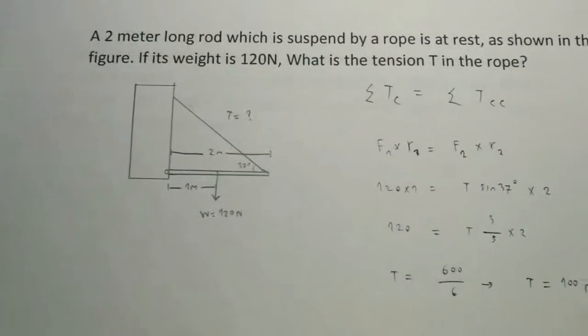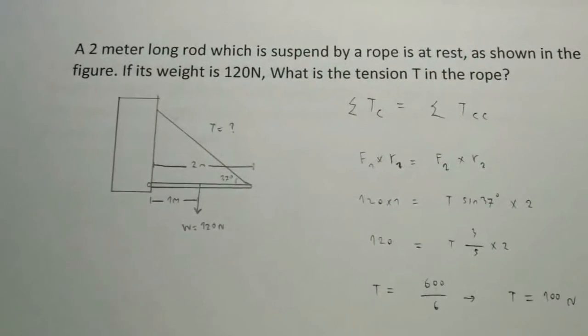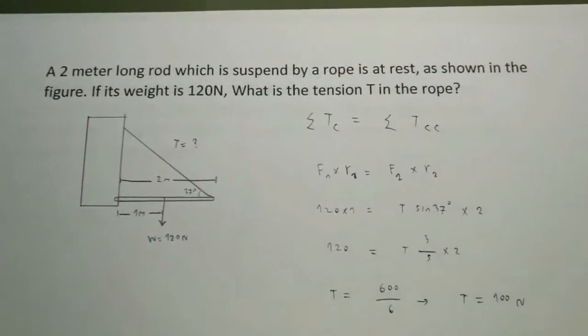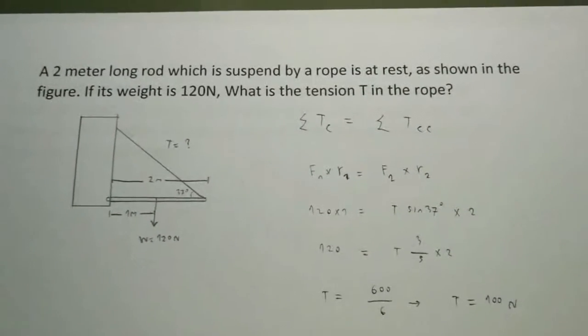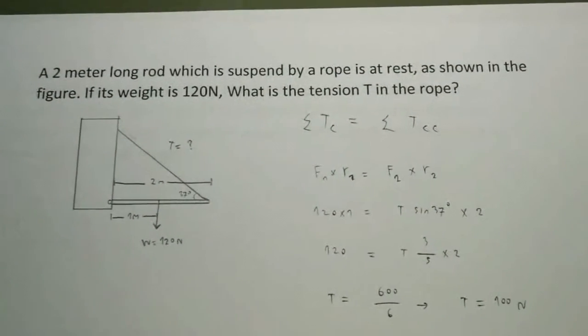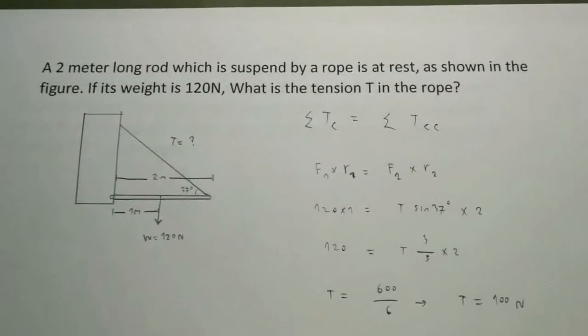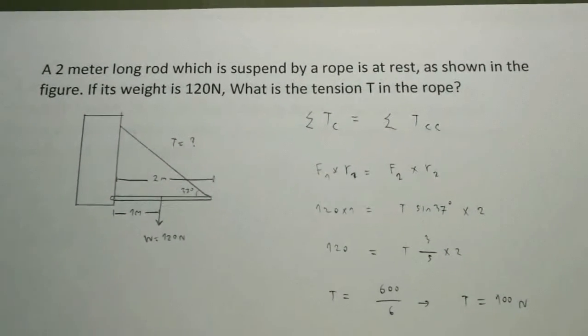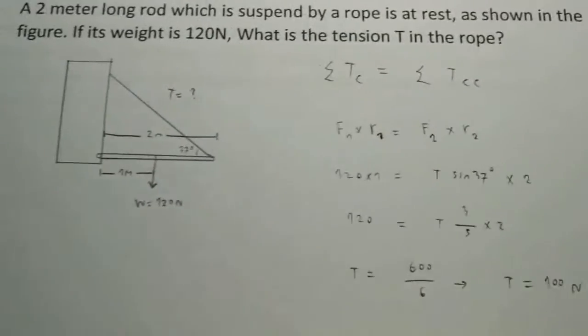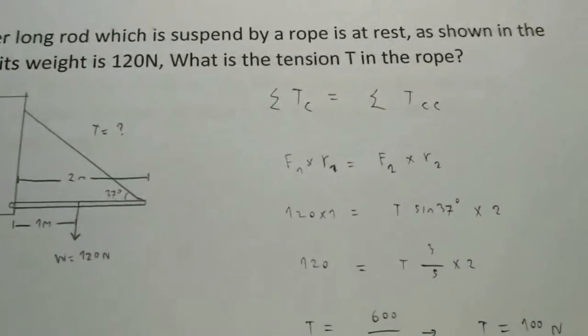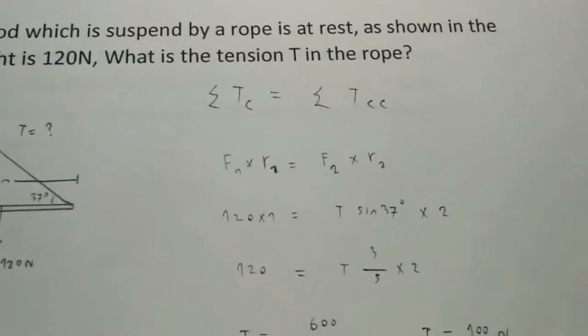A 2 meter long rod which is suspended by a rope is at rest as shown in the figure. If its weight is 120 Newton, what is the tension T in the rope? So sigma torque equals 0.